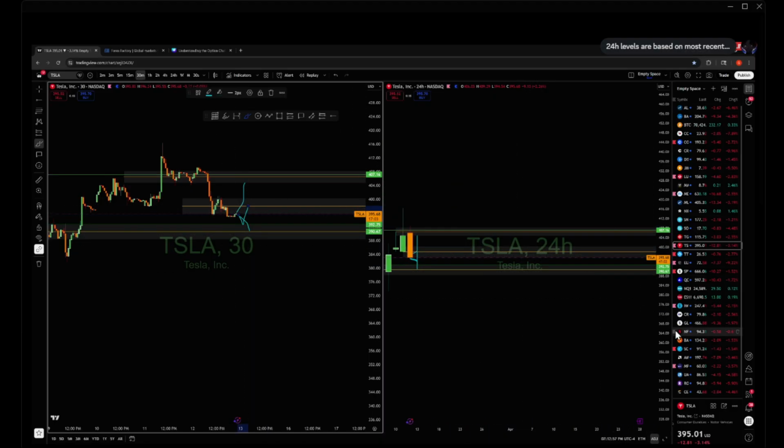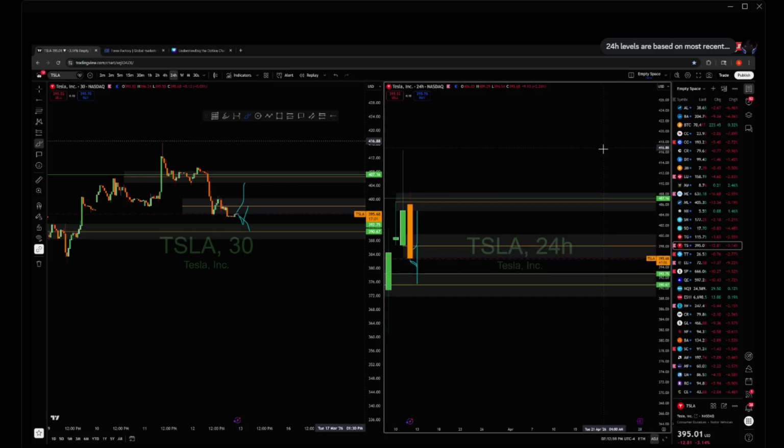Now look, hold on. I want you to tell me where cost basis is. Look on the 24-hour. What is that? That's my first green candle to the left above me. I know that's crazy, but it literally is the first green candle to my left and would be the most logical area to retest before you go lower.